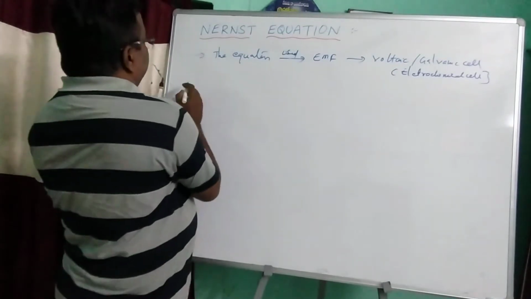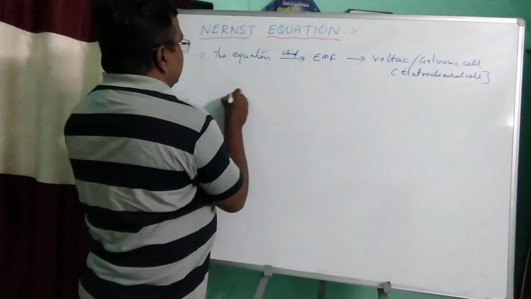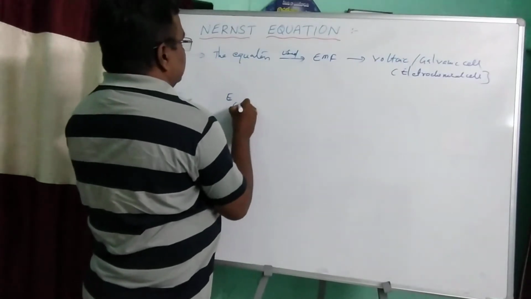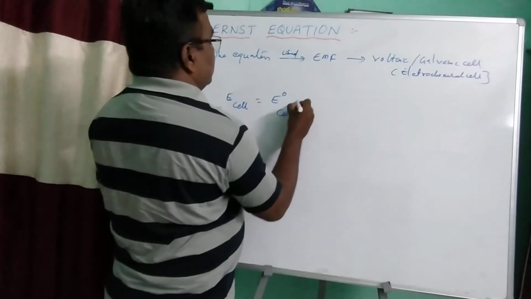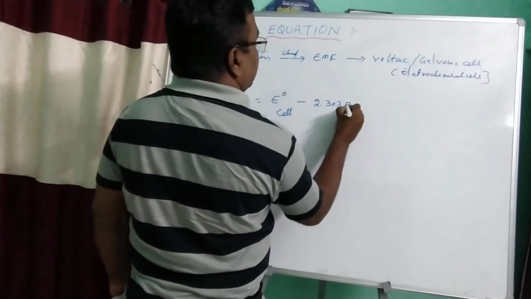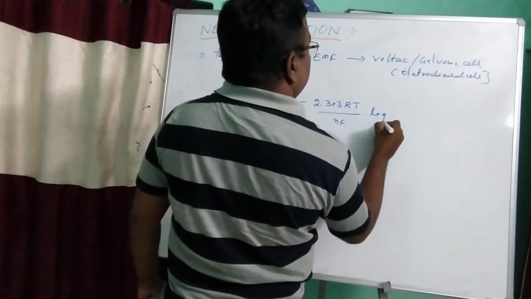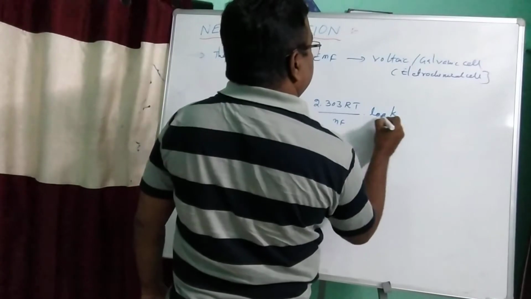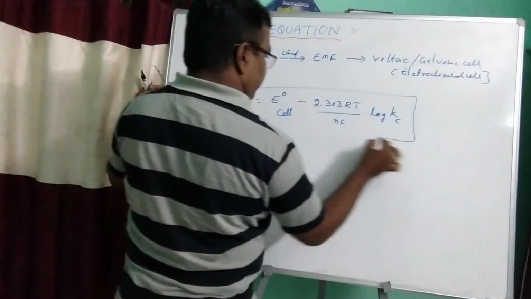The mathematical form of the Nernst equation is E cell is equal to E0 cell minus 2.303 RT by NF into log Kc. So this is the Nernst equation.